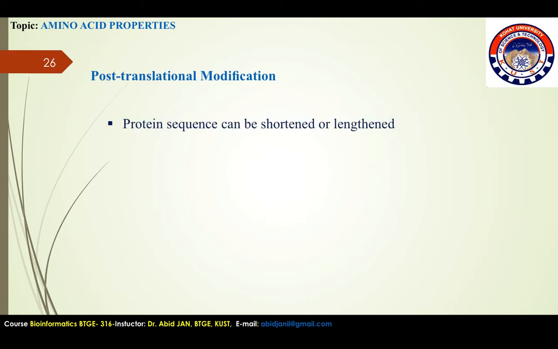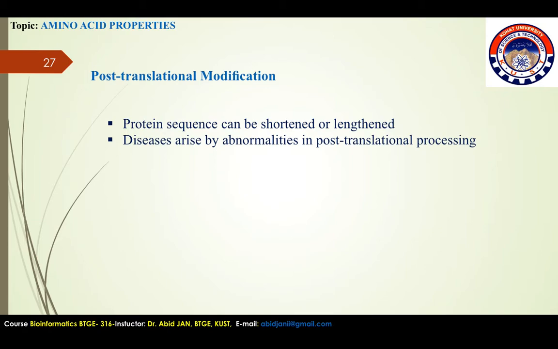The gene-specified protein sequence can be shortened by proteolysis or lengthened by addition of amino acids at either terminus. Many diseases arise by abnormalities in post-translational modifications, and these are not necessarily apparent from genetic information alone.